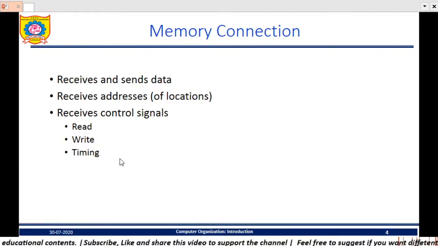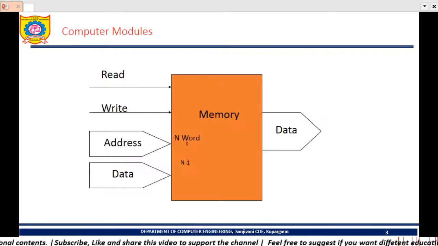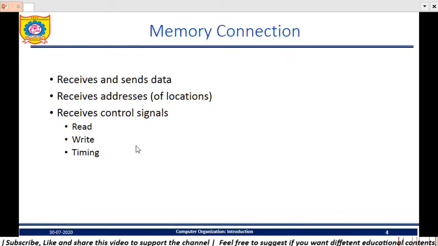Timing means, for example, this read or write signal, or this data is requested after 3 cycles, or this address is requested after 4 instruction cycles, that kind of timing is given. Remember our computer works on electricity, electrical signals and clock signals, zeros and ones. Remember that, that's why timing is important as a control signal.